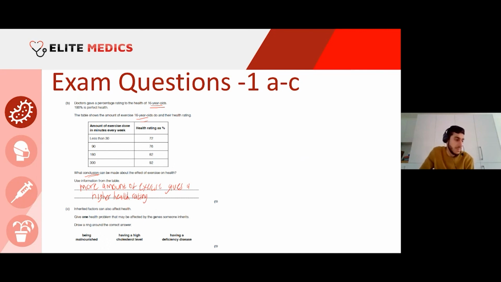I'll give you a minute to think. You just need to circle one of them. So it's talking about exercise and health rating and all that. Which one might be affected by the genes someone inherits, in particular to this kind of question?